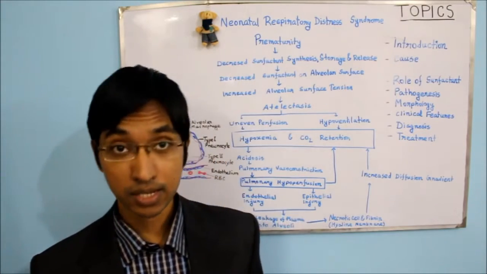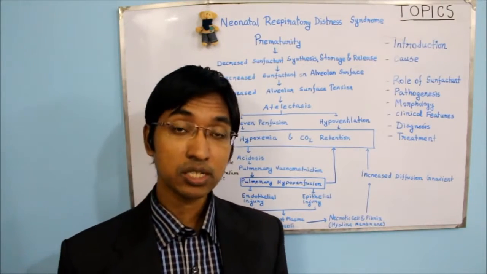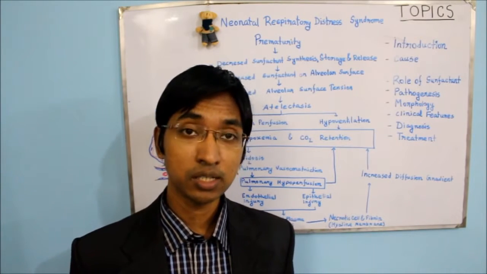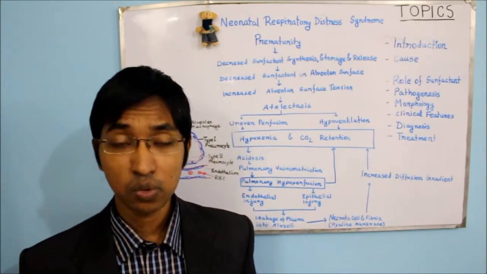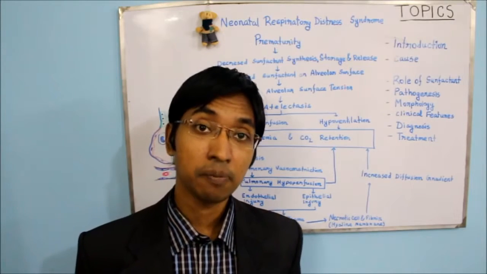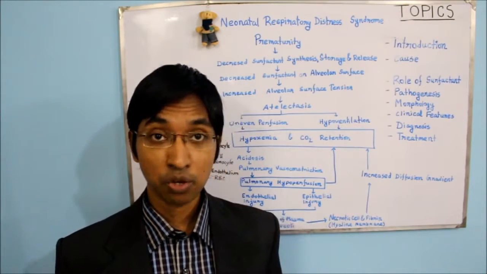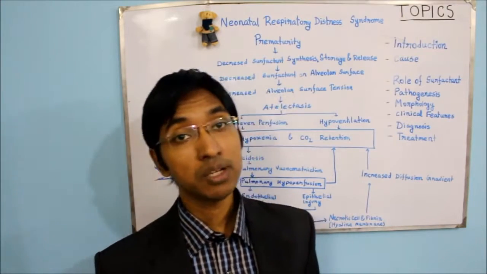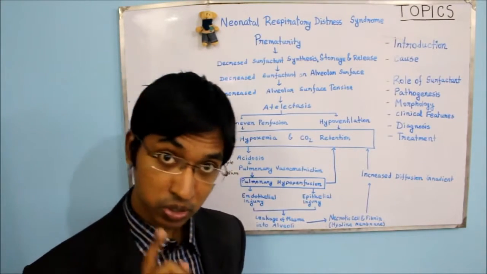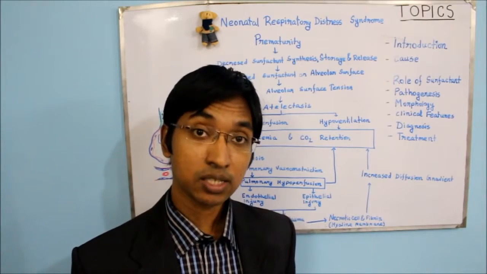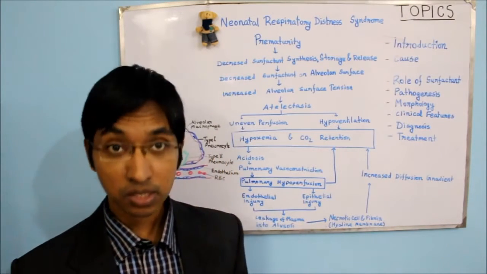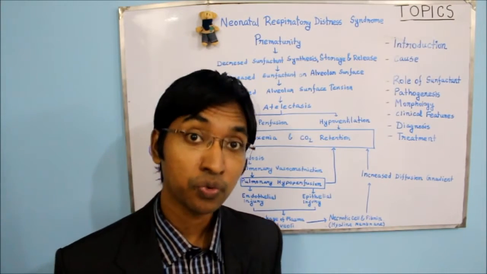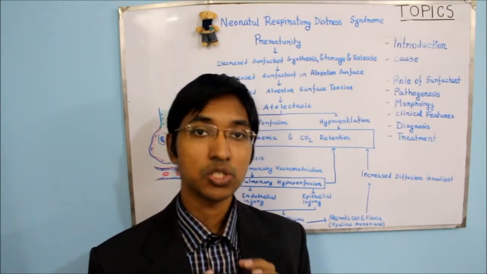Now what will happen next? To counter this high level of blood sugar in the fetal circulation, there will be hyperplasia in the beta cells of the pancreas of the fetus. And why will there be hyperplasia in that particular cell? Because recall that it is the beta cells of the pancreas that are responsible for liberation of insulin.